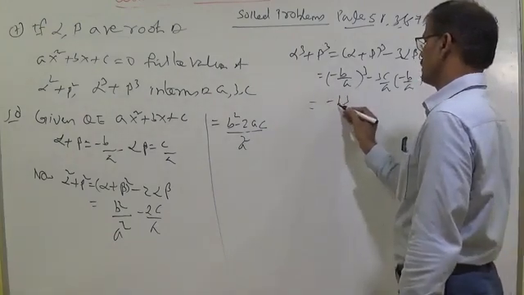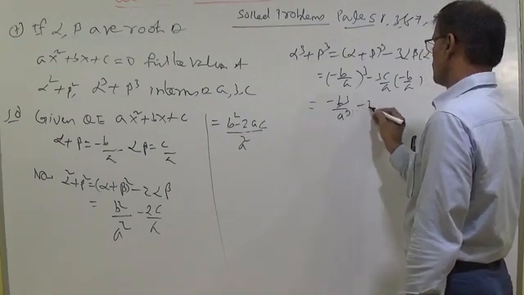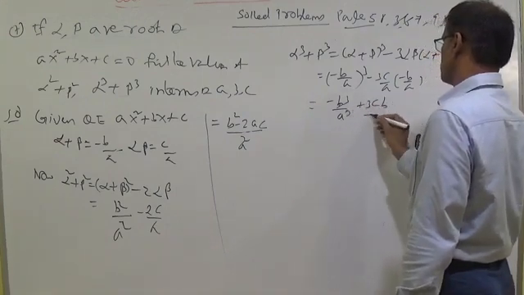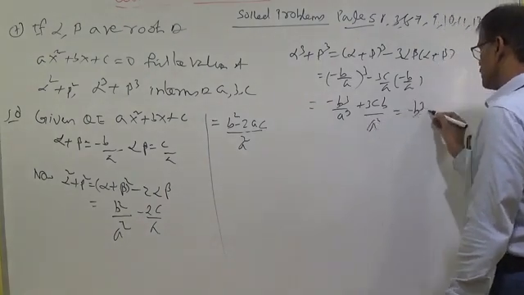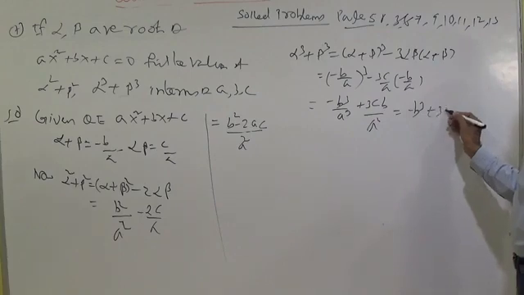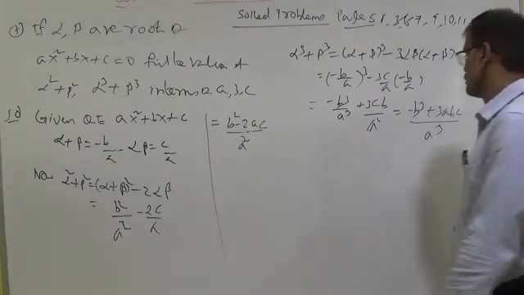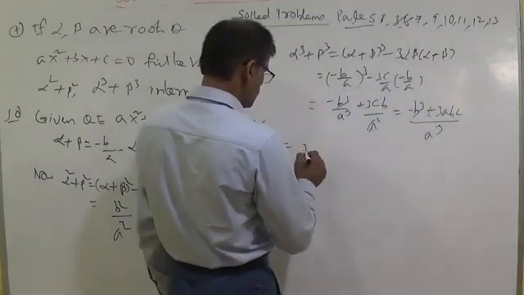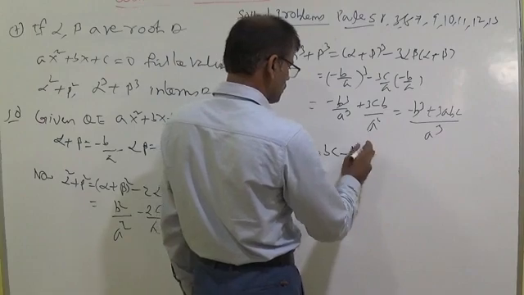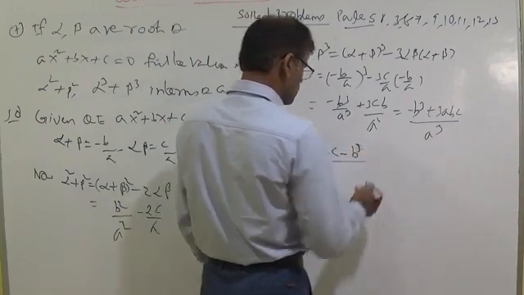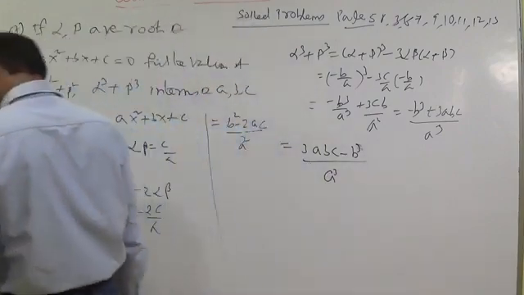This can be written as minus b cube by a cube plus 3bc by a square. By taking LCM, you can write (minus b cube plus 3abc) by a cube. So in terms of a, b, c, the value of alpha cube plus beta cube is (3abc minus b cube) by a cube.